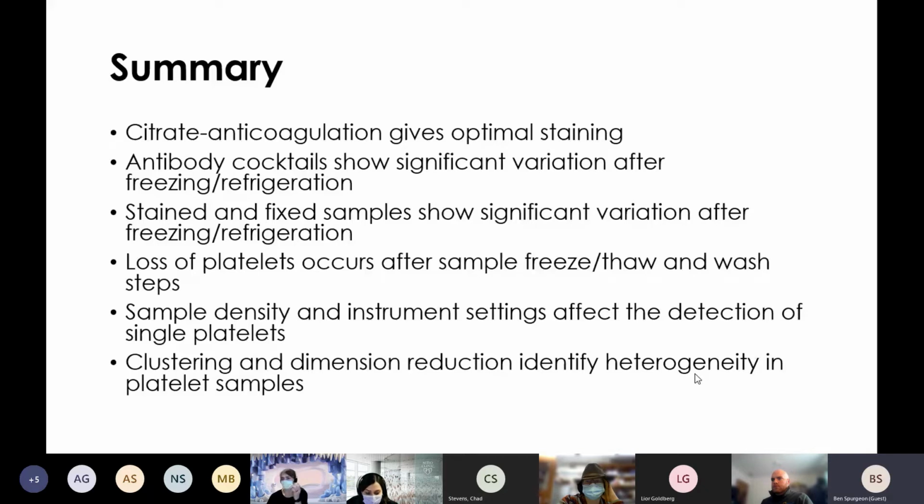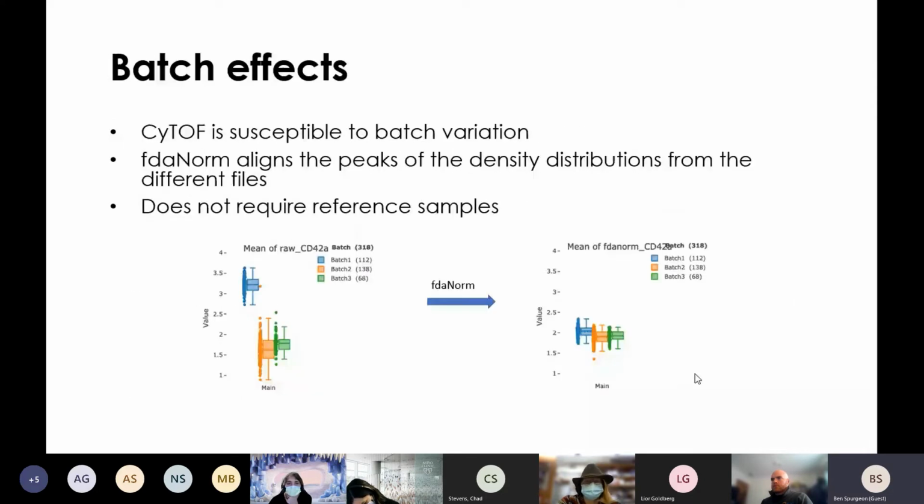And now I'll just skip to a couple of slides in the appendix to show some recent things that we've been working on. So I mentioned that some of our samples were affected by variation, and I think CyTOF is known to be susceptible to batch effects.